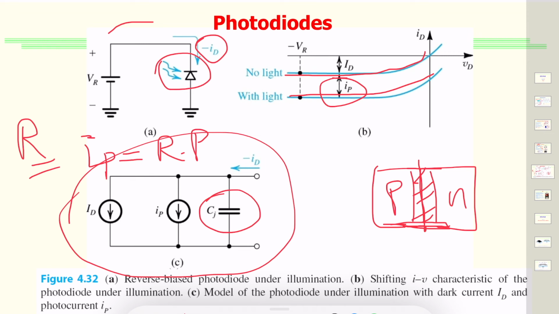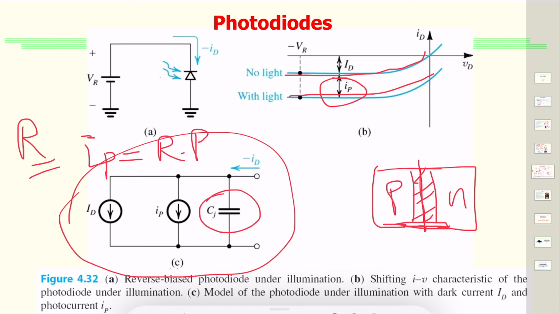Now there are more types of photodiodes. We'll talk about another type, the avalanche photodiode. We talked about avalanche in reverse bias, and here also, avalanche photodiodes are biased around the reverse breakdown voltage, just short of the avalanche.